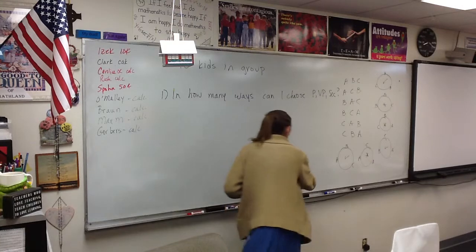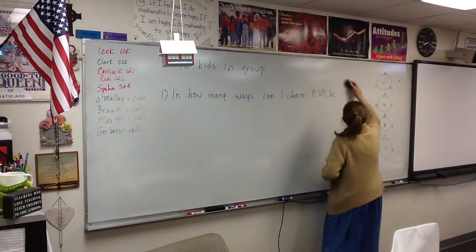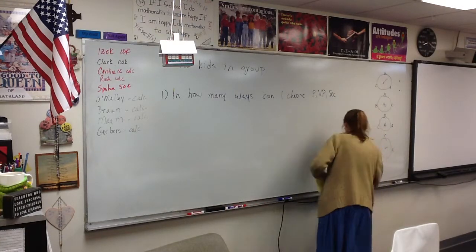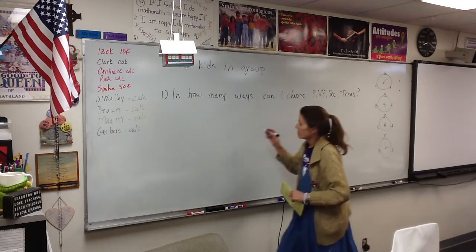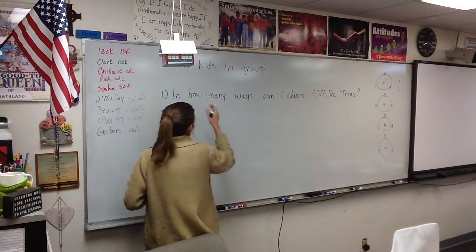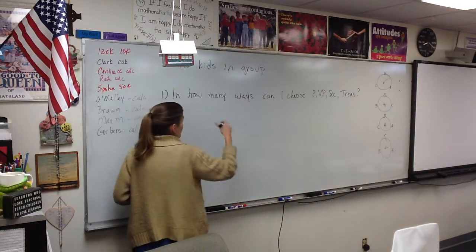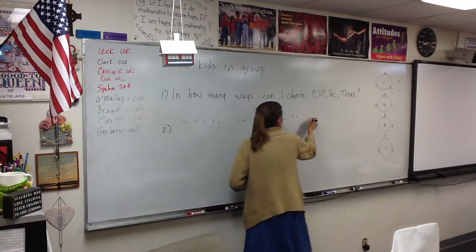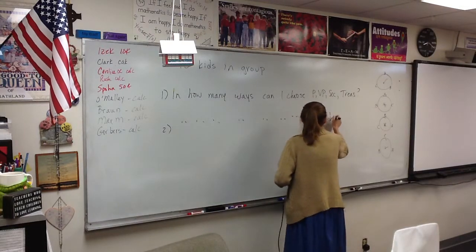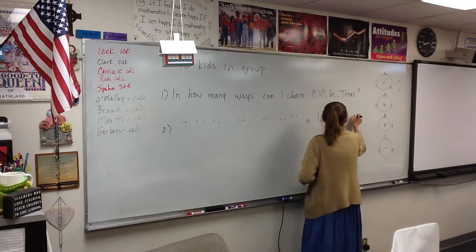Oh, let's throw a treasurer in there too. And then the second question is, and you're just going to determine, because same 10 kids, if these are the same question. In how many ways can I choose a leadership committee of 4?